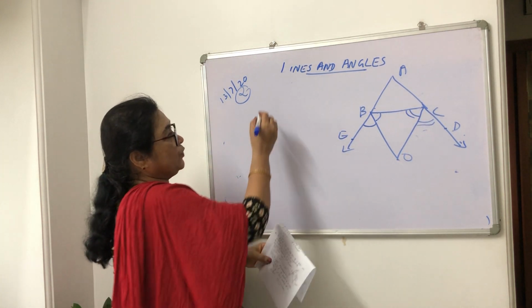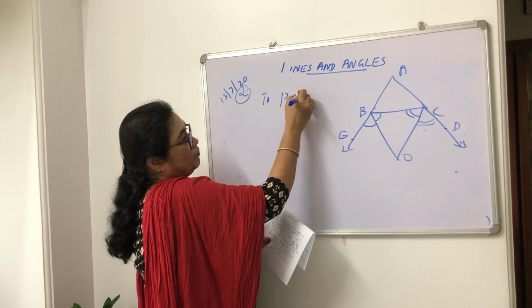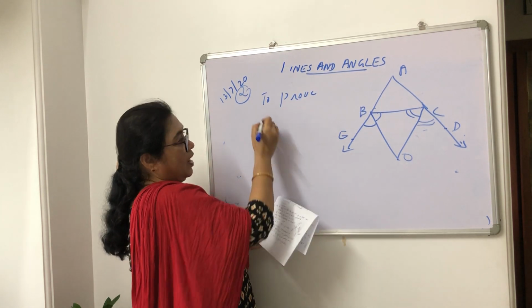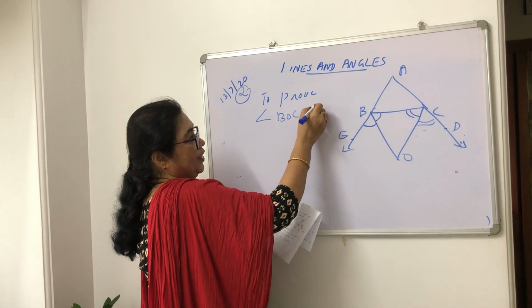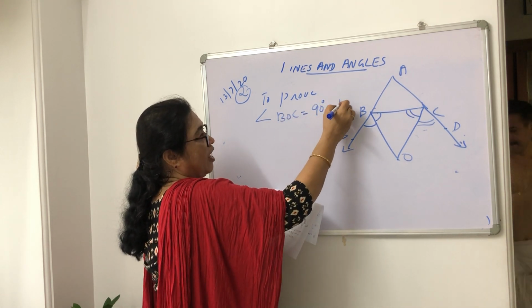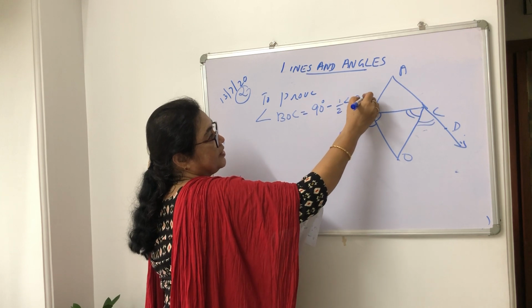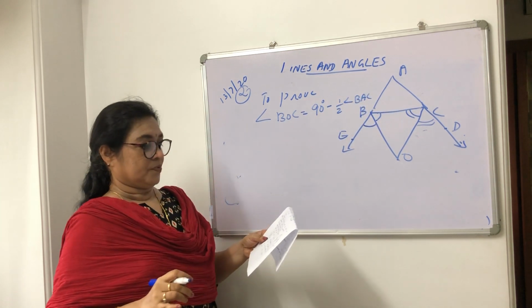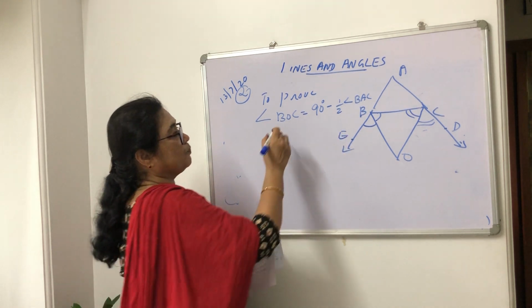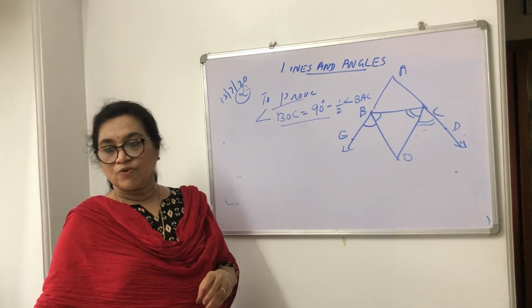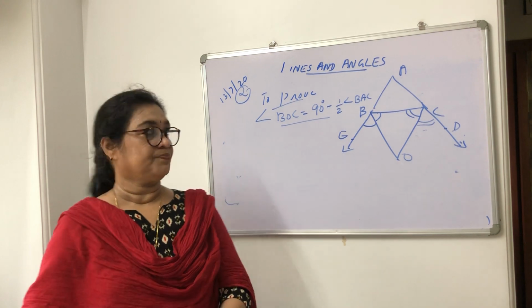So you need to prove angle BOC equals 90 minus half of angle BAC. This one you have to prove. So what is given here?